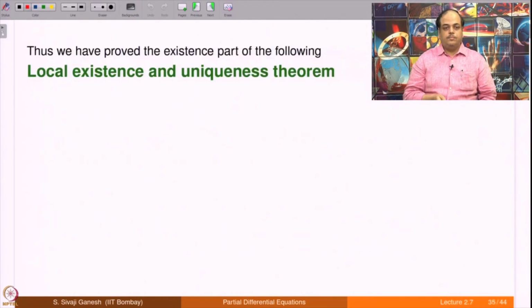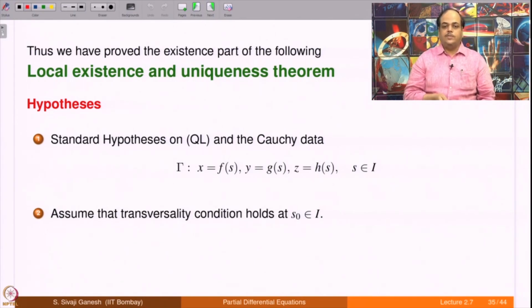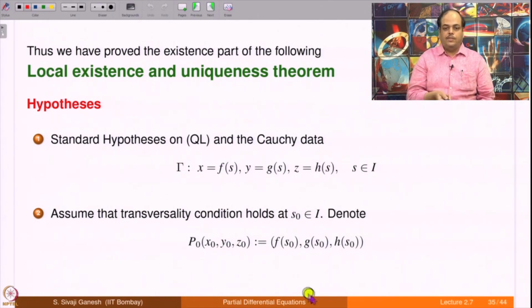So, the theorem is here, hypothesis: standard hypothesis on the quasilinear equation, I am not going to recall here, and the Cauchy data. Assume that the transversality condition holds at a point s0 and denote P0 = (f(s0), g(s0), h(s0)), same thing, let us call (x0, y0, z0) for convenience.